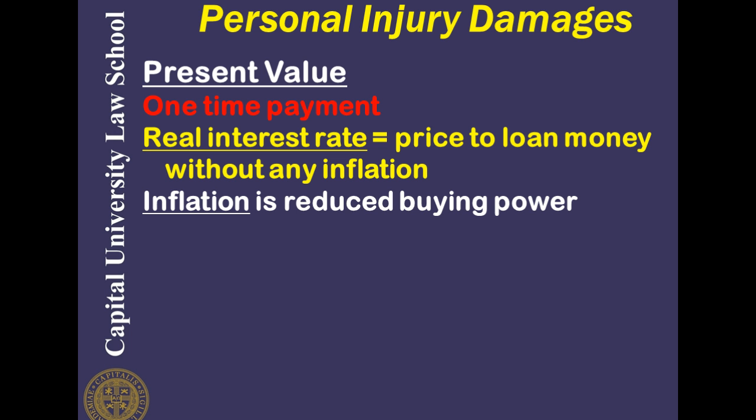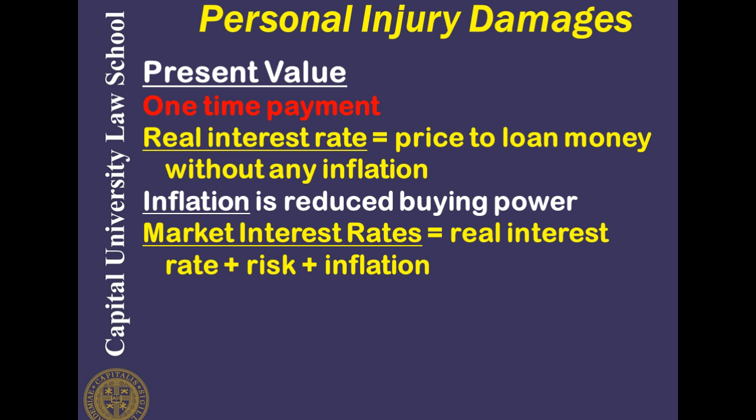So that's inflation, it just reduces the buying power over a period of time so that money is worth less over time. The dollar today may be worth 75 cents in a year. If inflation is running at 25%, it could be worth 50 cents in 2 years. So you can see how this can affect what is awarded a plaintiff.